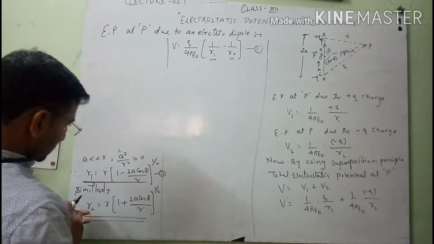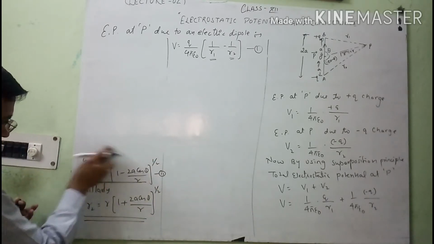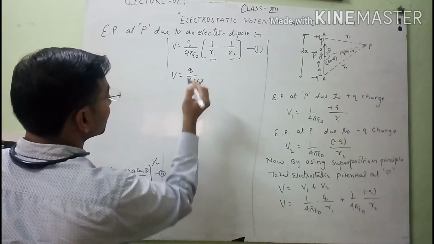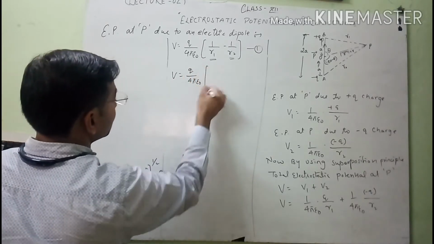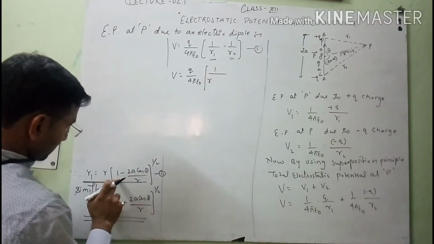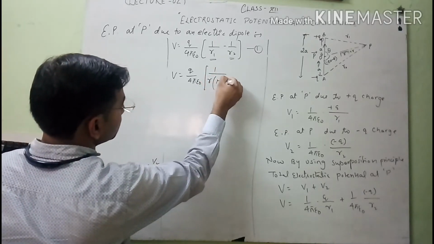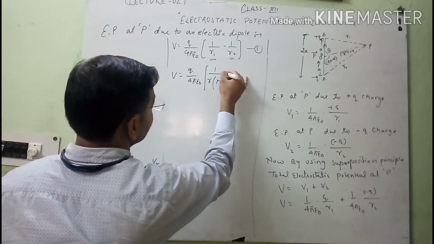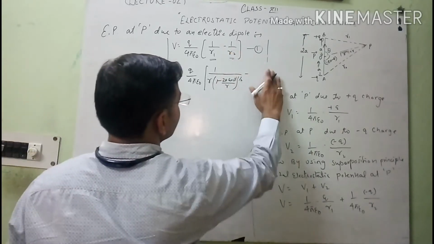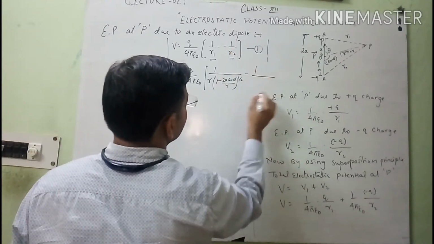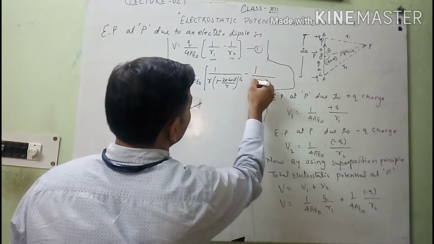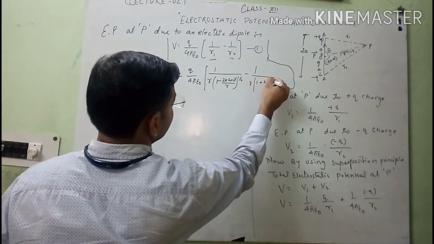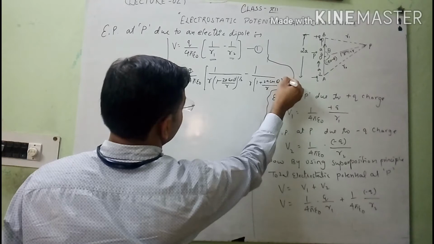Here I will substitute the values into V equals Q over 4 pi epsilon naught times 1 upon R, 1 minus 2A cos theta by R raised to the power half, with negative sign, minus 1 over R, 1 plus 2A cos theta by R raised to the power half.